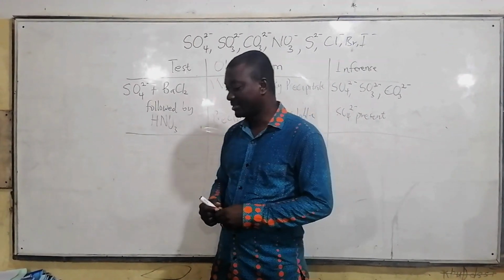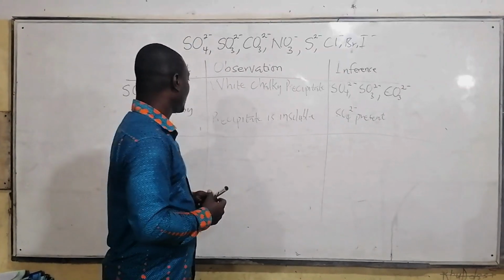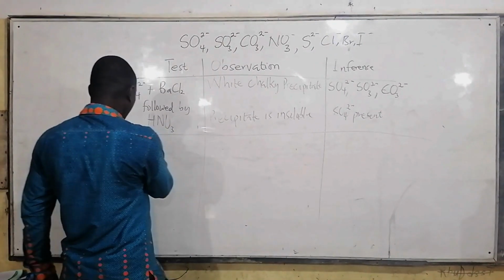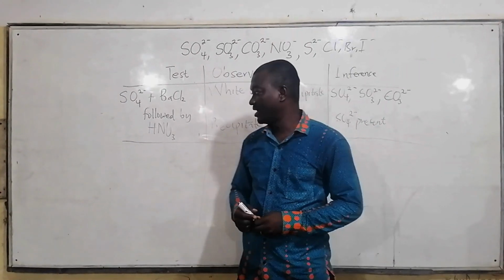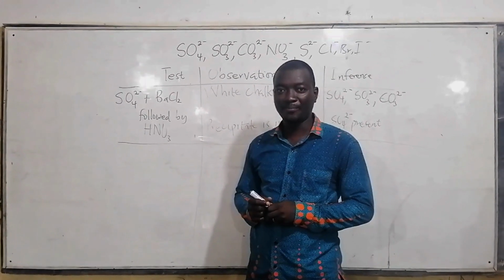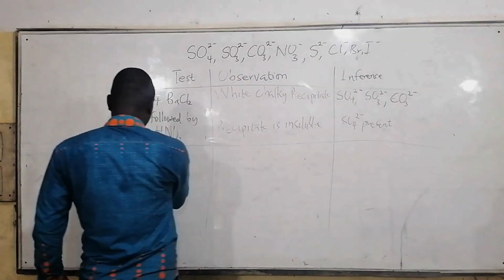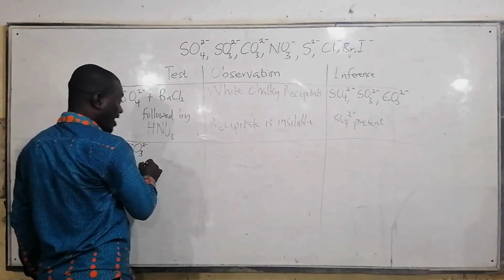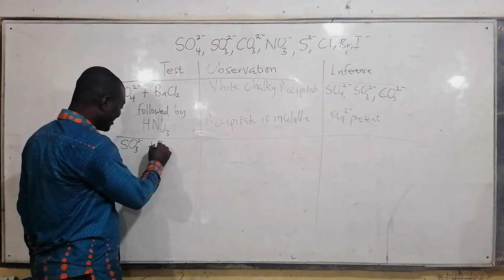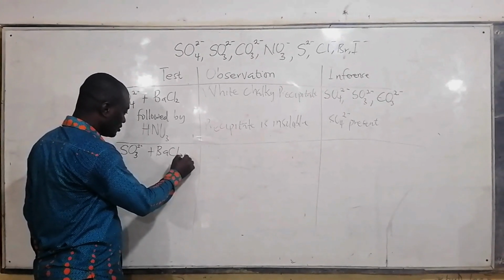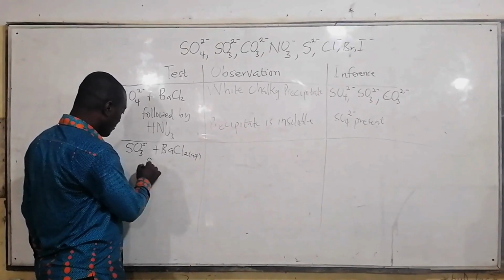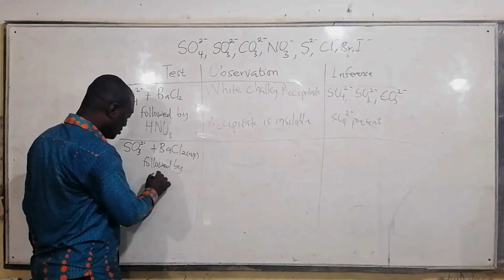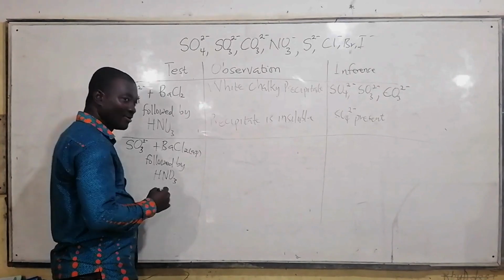Okay, so let's look at how SO3 2 minus will behave. With the SO3 2 minus, the same procedure: we add barium chloride, followed by HNO3.